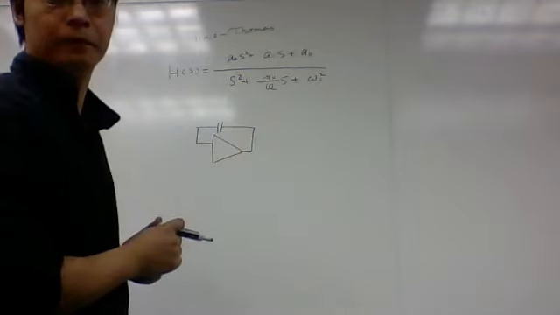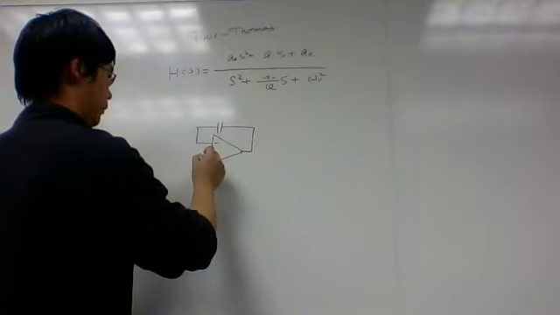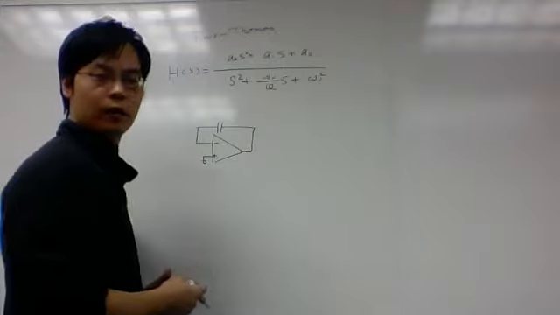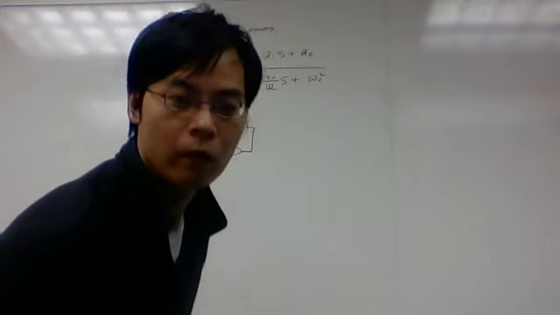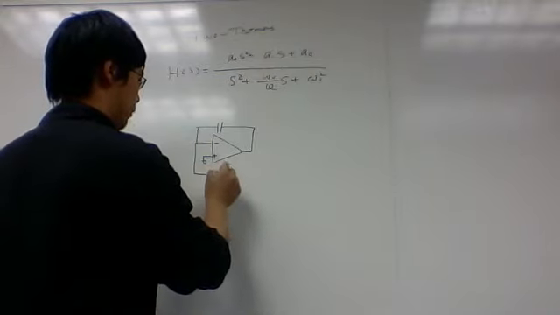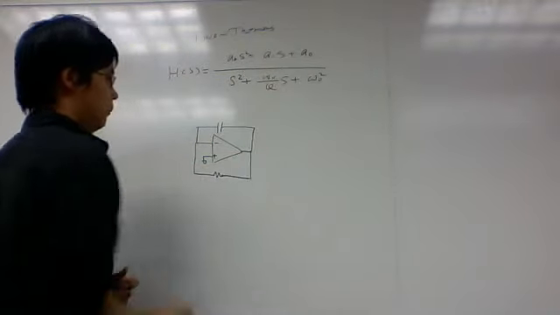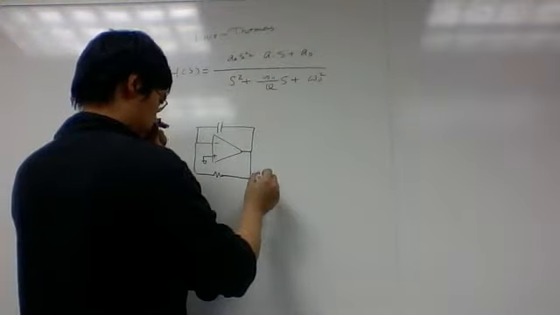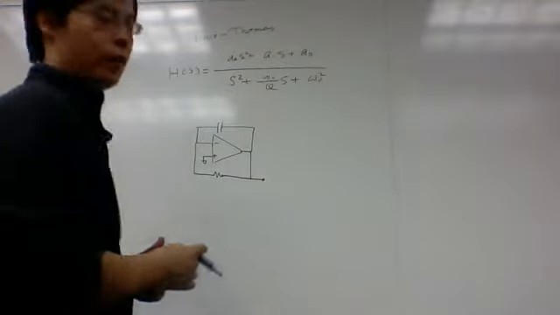So using the negative feedback, inverting style, you have this side, you have a feedback as well. And this is one of the outputs. And then you have another one.